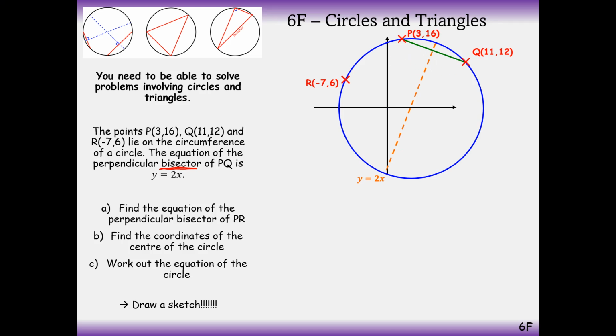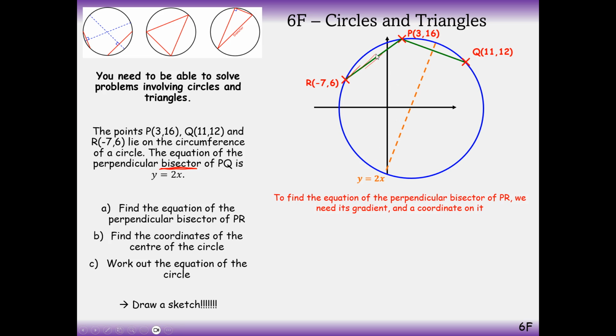So what we need to do is figure out the perpendicular bisector between P and R, and that will help us calculate the equation of the circle finally. Really, they stage the problem for us so that we earn some marks even if we don't know how to calculate the equation of a circle straight away.